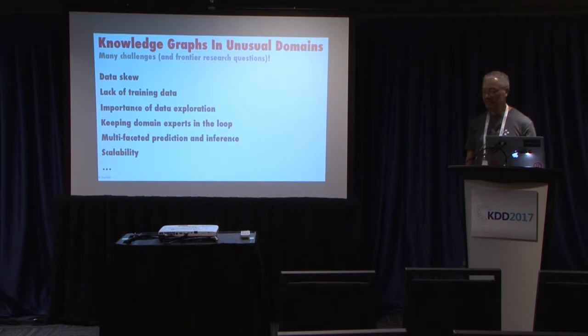There's basically a multifaceted prediction and inference, and of course, scalability is always a problem. We're dealing with domains where you very quickly get to build things that are much larger than DBpedia. And so, having something that scales is crucial.